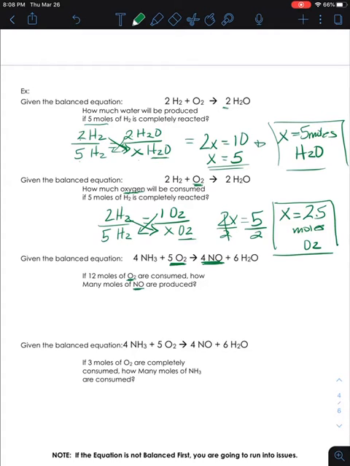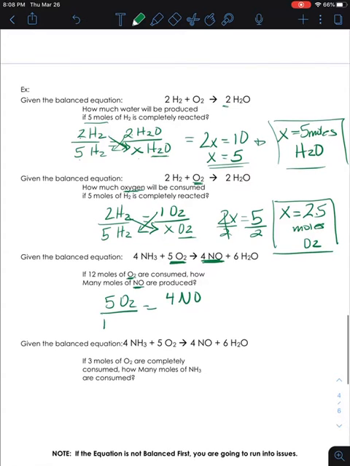So to do this, we set up our ratio. We have 5 moles of oxygen equals 4 moles of NO. With 12 moles of oxygen, how many moles of NO? Cross multiply.